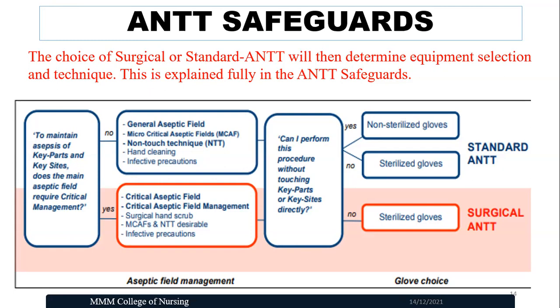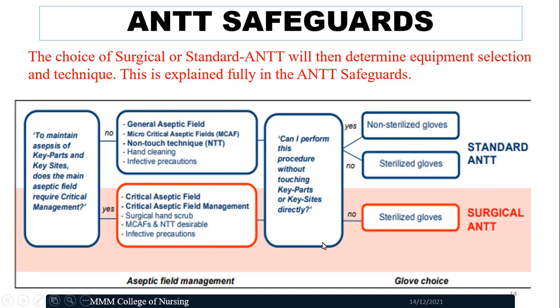Once you decide about using the general aseptic field or critical aseptic field, next you have to ask, can I perform this procedure without touching the key parts or the key sites directly? If the answer is yes, then you can use the non-sterilized glove. If the answer is no, then you have to use the sterilized glove in case of the standard ANTT technique.